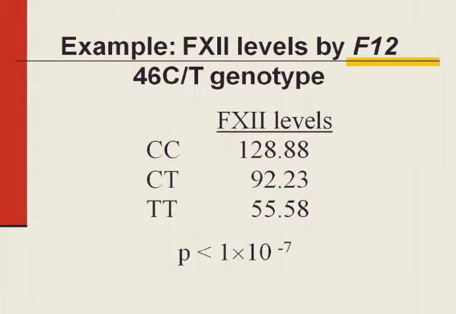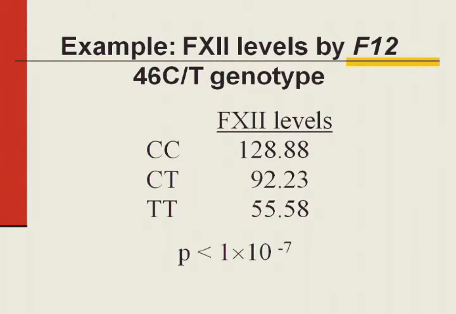So individuals with C alleles have much higher average levels of clotting factor 12. Heterozygotes are more or less intermediate, and the TTs have very low levels. Easy, simple. So we're testing whether the mean trait values differ by genotype or whether our regression line is really flat and there's no difference here.